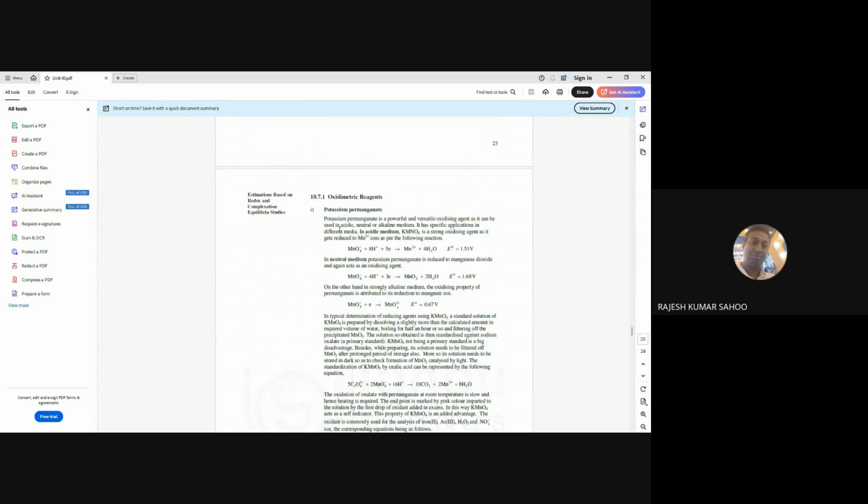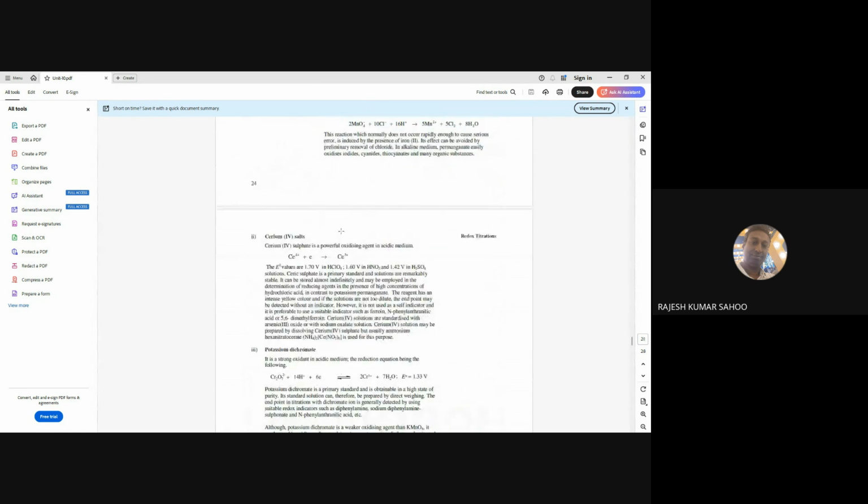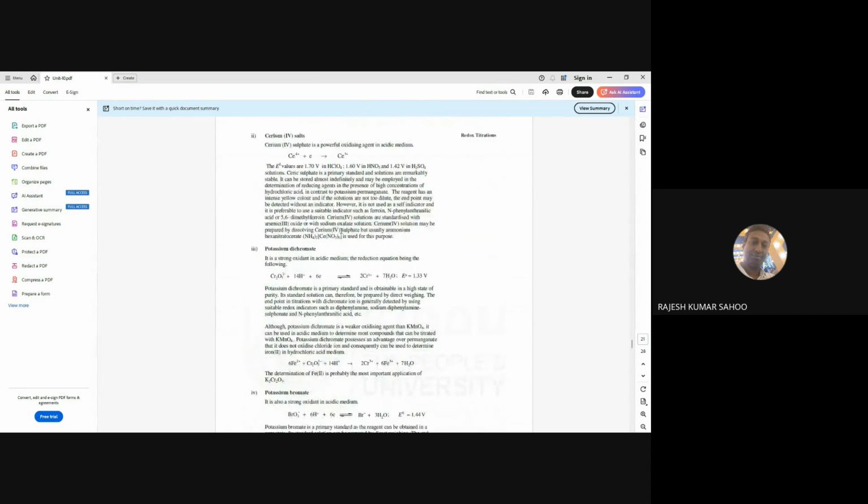These, and potassium iodide, are called oxidimetric reagents. They are all oxidizing agents.